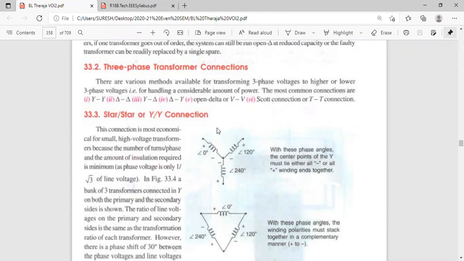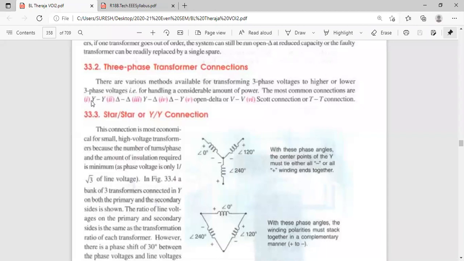See here, the most common connections are, write down, 6 types are there, but in your syllabus they are having 4 types. The most common connections are star star, delta delta, star delta, delta star, open delta or VV, and Scott connection.